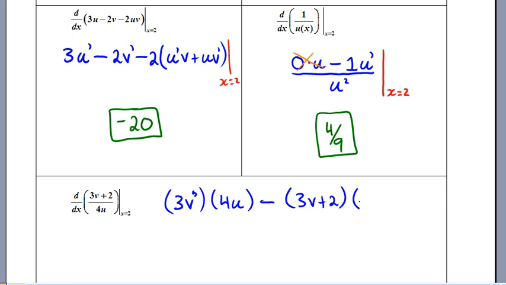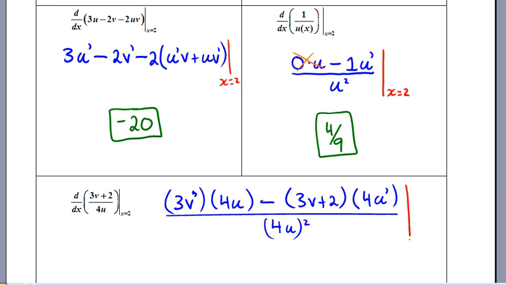Oh, constant multiple rule. 4 is going to hang around. u prime, all sitting on top of the bottom algebra squared. So 4u gets squared. And then you would say, all right, let's see what you get when you have x is equal to 2.